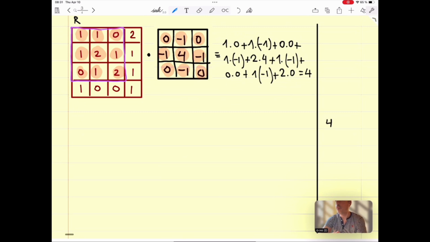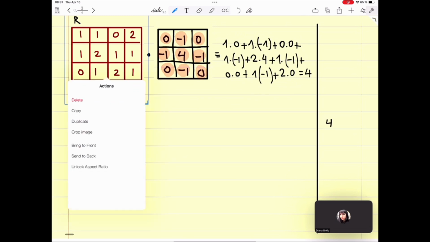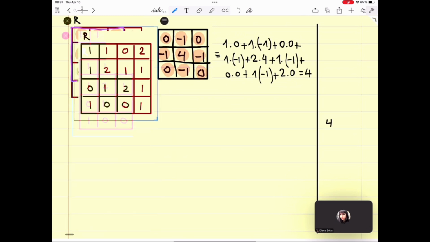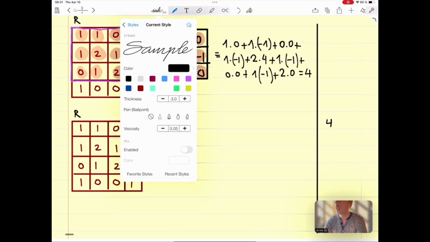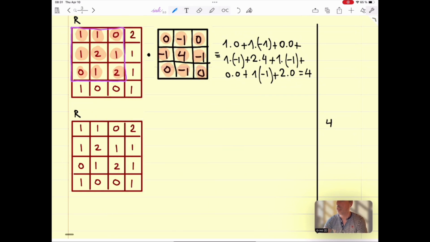And now we move it. The next step is going to be, like the colleague said, to move it 1 pixel because the stride is 1. We move it 1 pixel to the right.